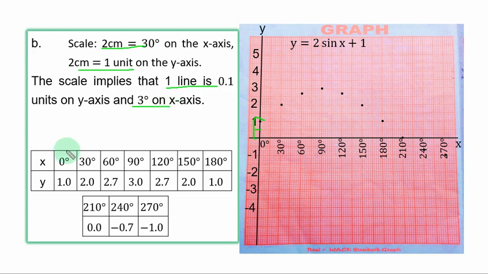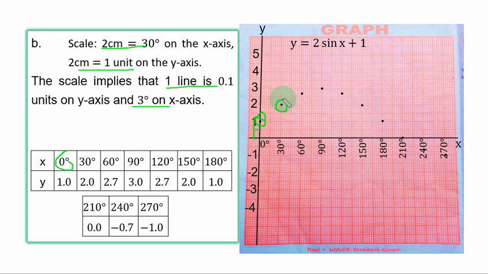When s is 0 degrees, y is 1. That is the origin here. You plot that point directly on the y-axis. When s is 30 degrees, y is 2. Easy to locate. When s is 60 degrees, y is 2.7.